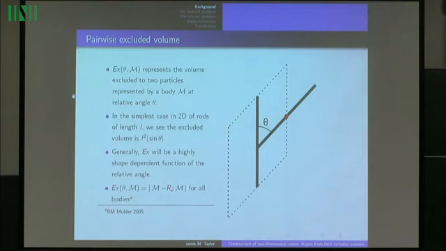So you take your body, you minus another copy of it, rotate it, and then look at the difference between all the points in the two. So this set here is going to be this parallelogram here. So the total excluded volume, which is just a scalar, is the size of this set. So you can write it in this way. And as I say, this was derived by Mulder in 2005.